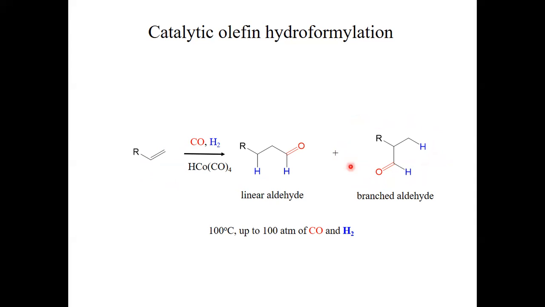So these hydroformylation reactions typically produce mixtures, and the ratio of these mixtures depends on the olefin with which we start, but it also depends on the actual reaction conditions. So this reaction is catalyzed using a molecule that we've also previously encountered. It's this carbonyl hydride, HCo(CO)4.